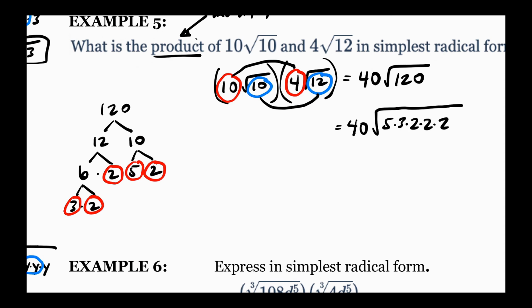Circle the, which are we looking for here? Pairs or triples here? Pairs, good, pairs. So let's circle the pairs. I got a pair of 2s and that's about it.